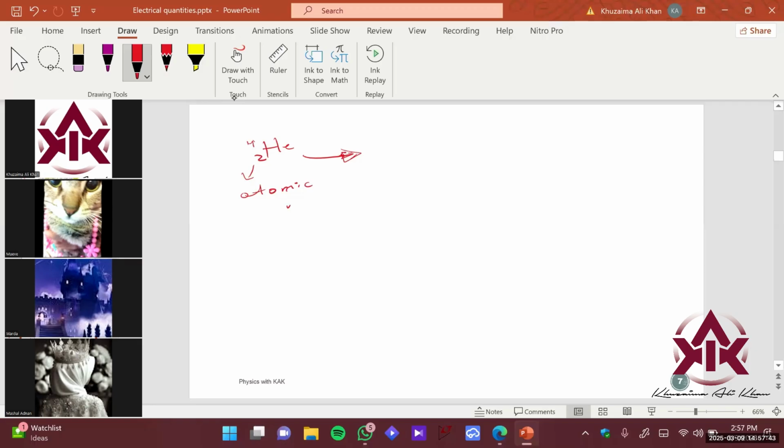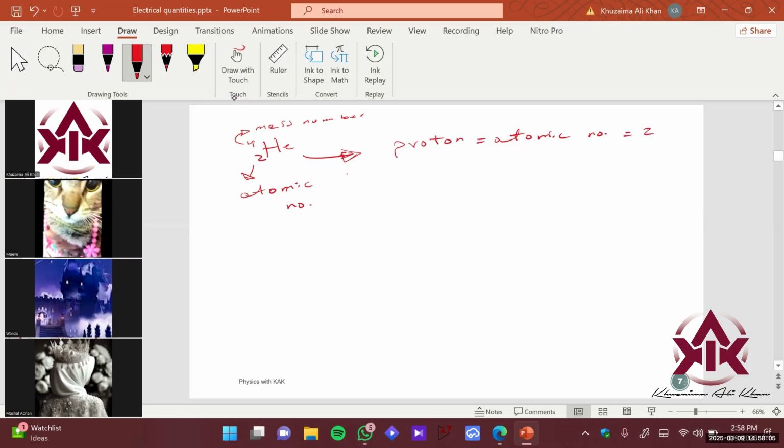This is called the atomic number, and this is called the mass number. The atomic number is equal to the proton number. So if you want to find the protons in a helium atom, that equals its atomic number, which is 2 here.